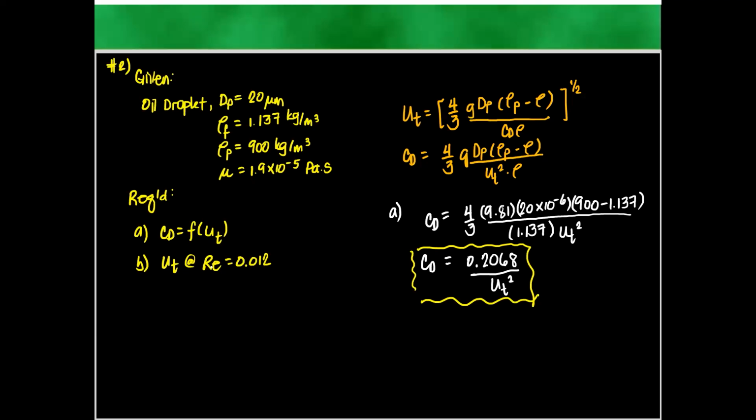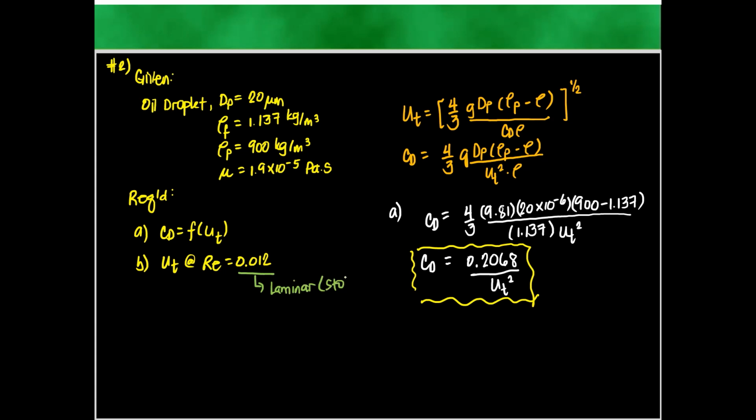For letter B, let's solve it. When the Reynolds number is 0.012, what can we deduce from here? You're already given the Reynolds number. What can we deduce? Yes, this is the laminar region.